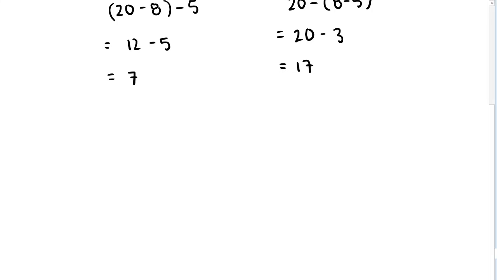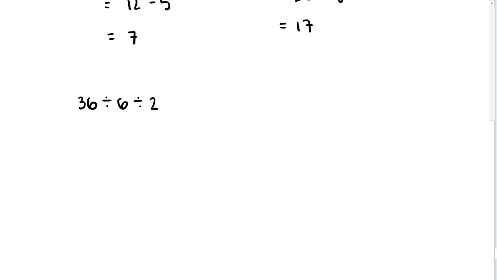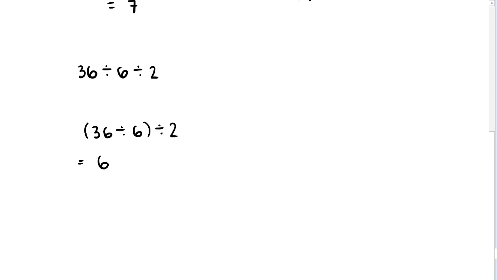If I take 36 divided by 6 divided by 2, and we did the first division first, we get 36 divided by 6, wrapped in parentheses, and then divided by 2. Here 36 divided by 6 gives us 6, since 6 goes into 36 6 times. And then we still have 6 divided by 2, and that gives us 3, since 2 goes into 6 3 times.